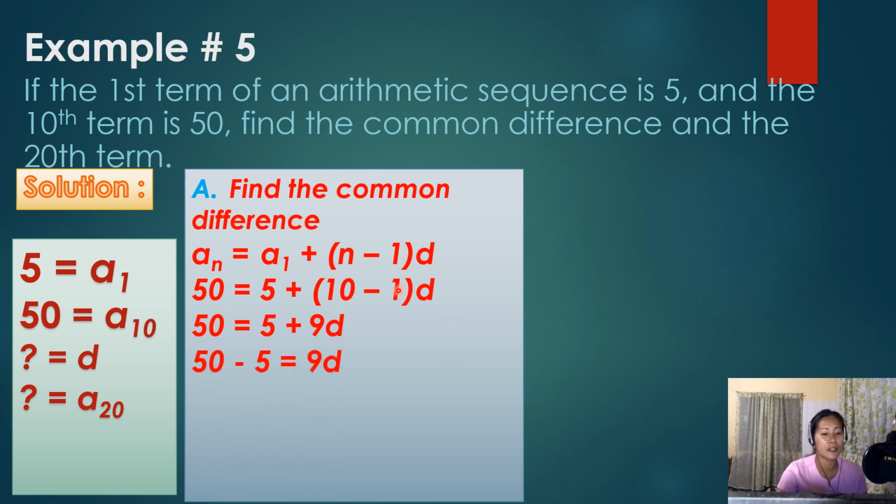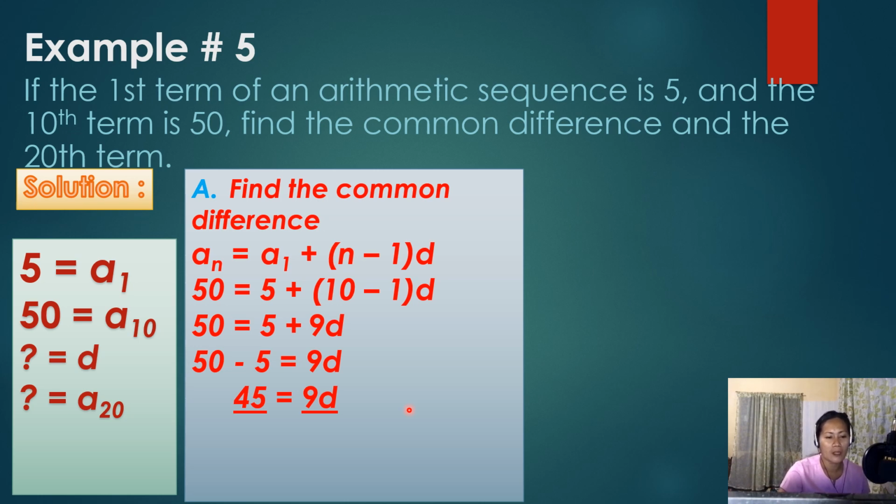Then we transpose 5. We have 50 minus 5 equals 9d. So 50 minus 5, that is 45, equals 9d.